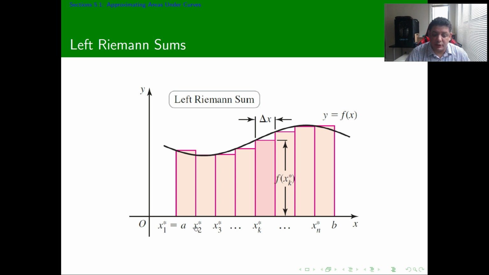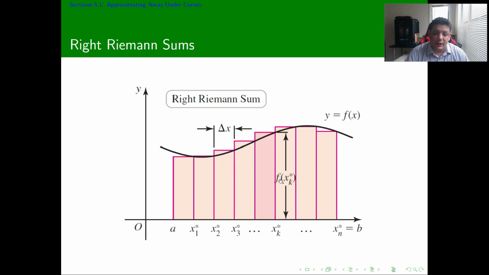Then we're going to have x2 to be x2 star, and that's going to be the height of the second rectangle. Similarly here, x3 is going to be the height of the third rectangle, and so on. So in general, for any given interval, a left Riemann sum is always going to take the height that results from plugging the left side of that interval into the function.